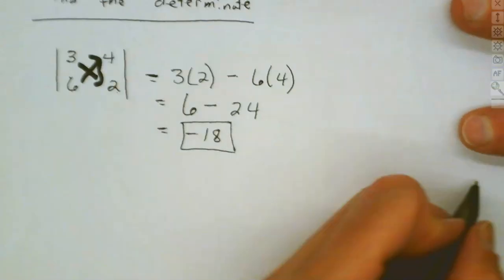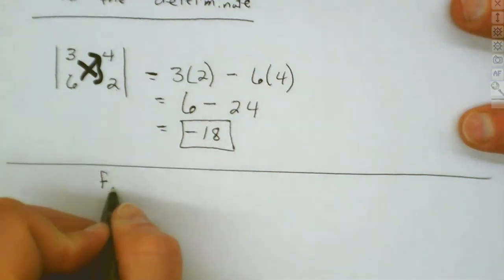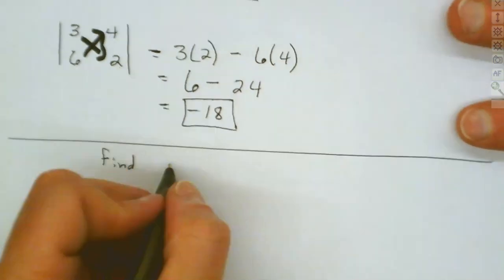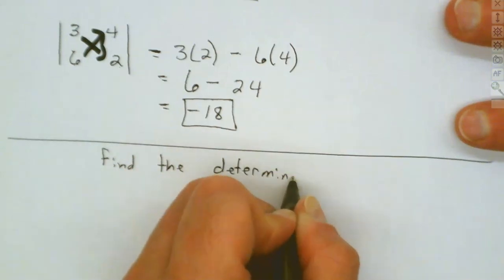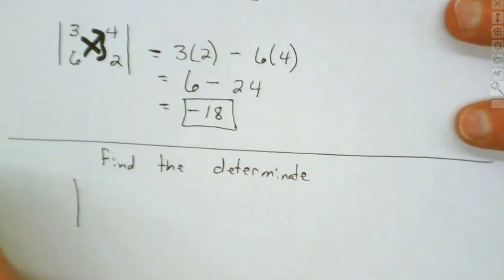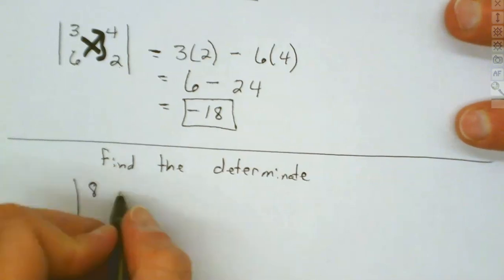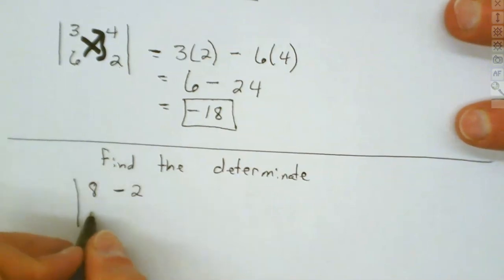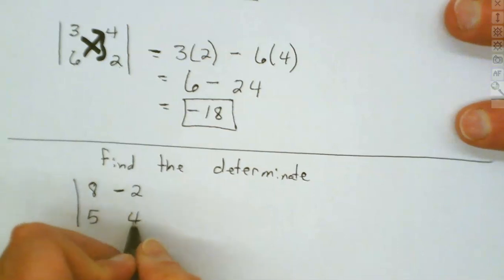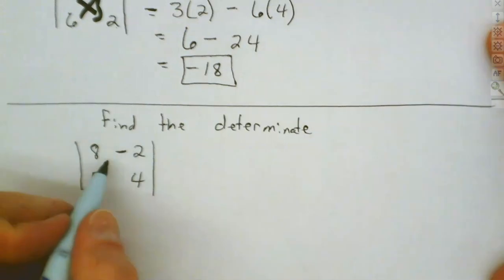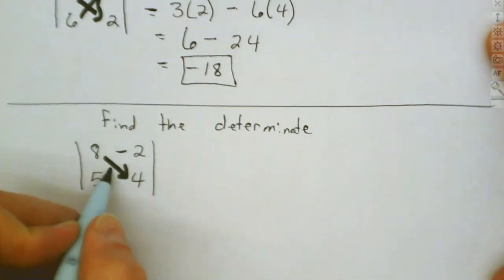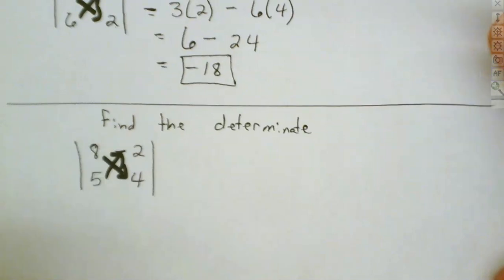Let's do another one. Again, we're just finding the determinant. And how about 8, negative 2, 5, positive 4. So this is our determinant here. And I'll just draw the arrows. Maybe they go up. And when they go up, you subtract.